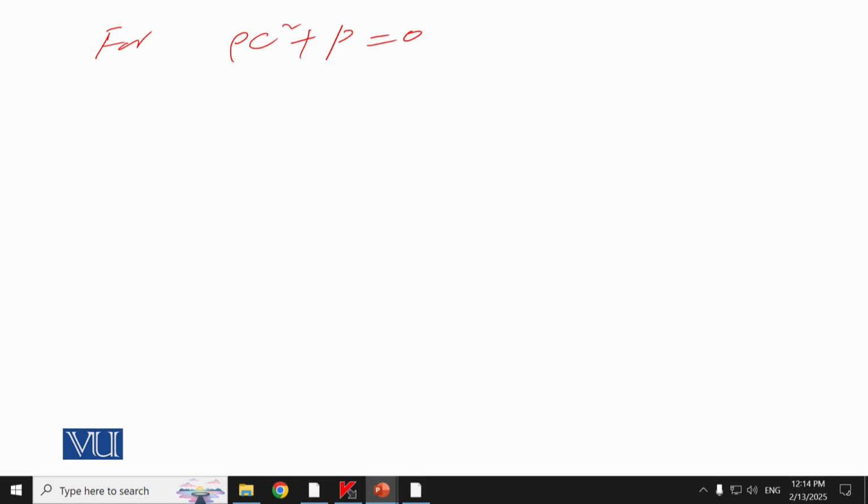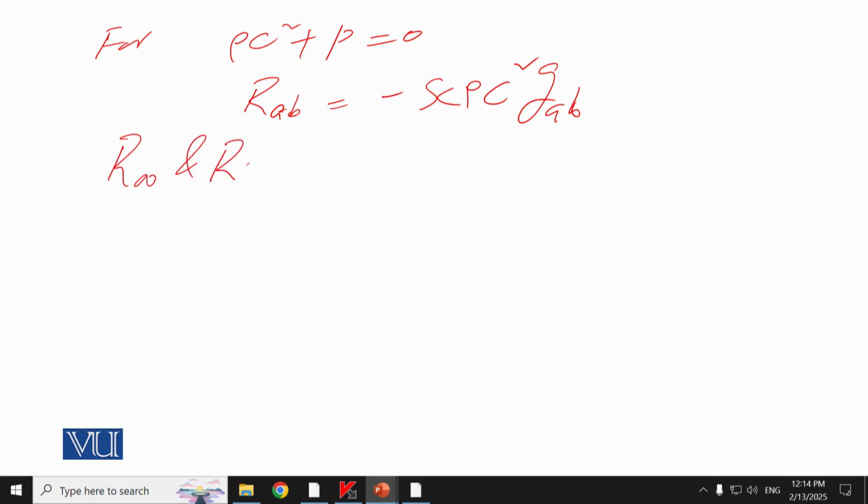We can now write R_AB is equal to minus kappa rho c square g_AB. Now, you can see from the R00 and R11 expressions that we obtain nu equals minus lambda. This is very similar to the Schwarzschild solution. We have also done this thing there.